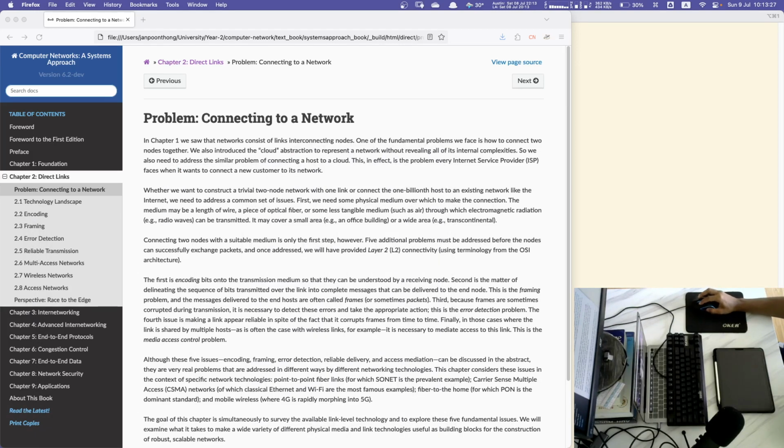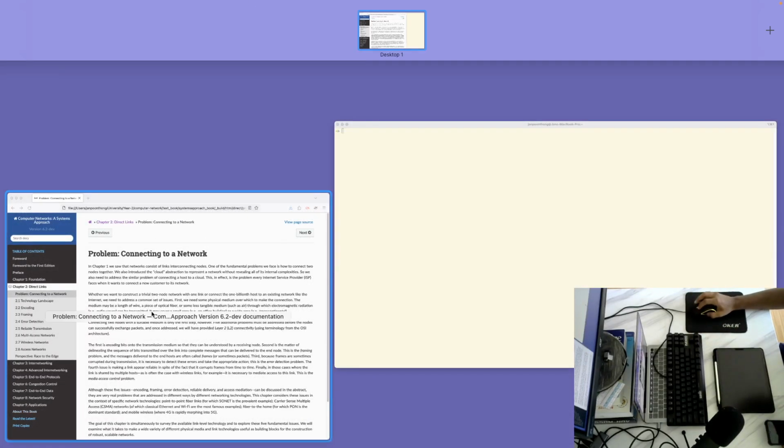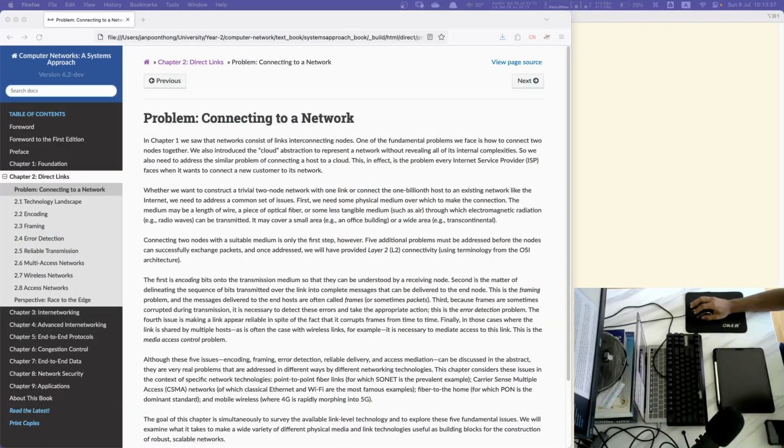Pop out chat. I don't want dark mode. Why is it dark mode? Where's my chat? Okay, chat.